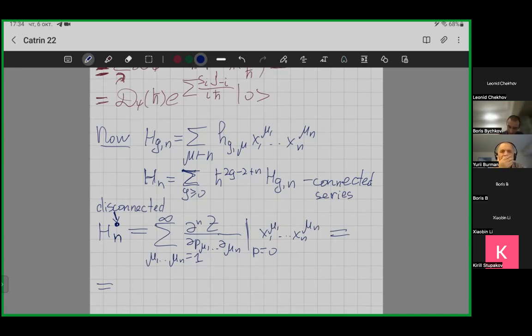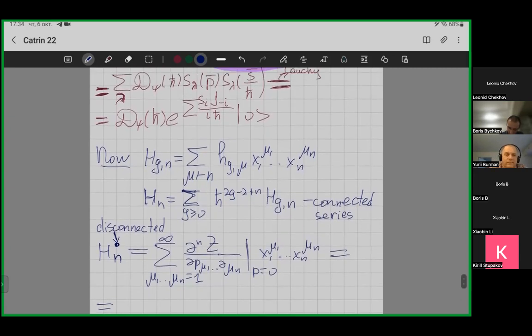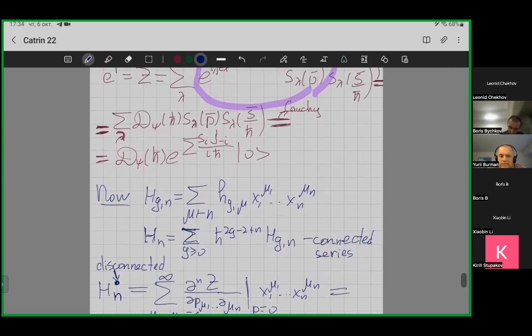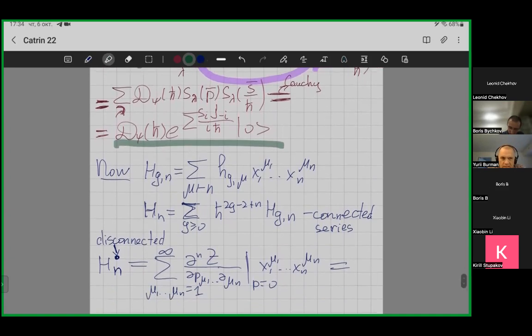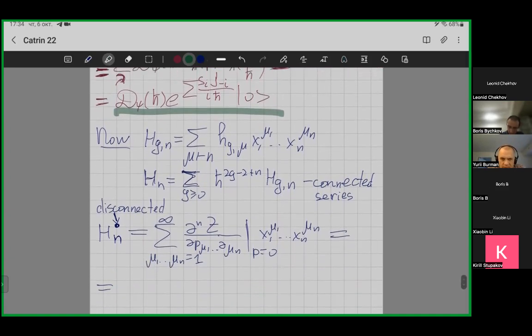And now, in fact, using again, you see, we have this z here, which is equal to this. So instead of this, here we take a derivative and then put all p's equal to 0.